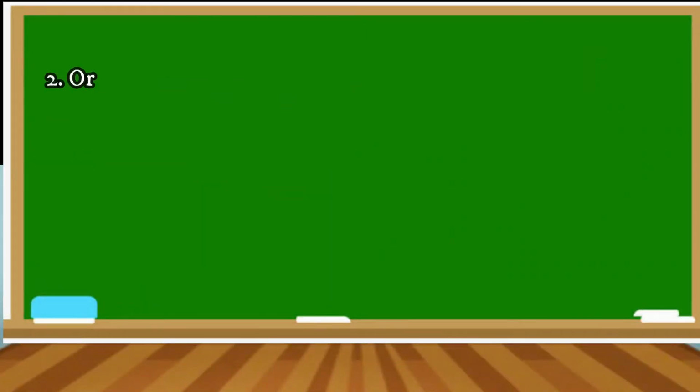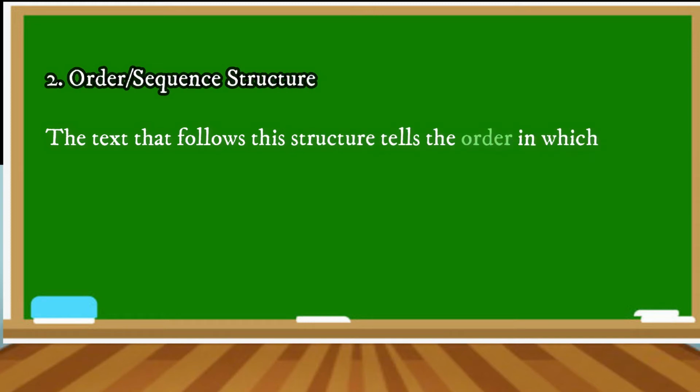Number 2, order or sequence structure. The text that follows this structure tells the order in which steps in a process or series of events occur.